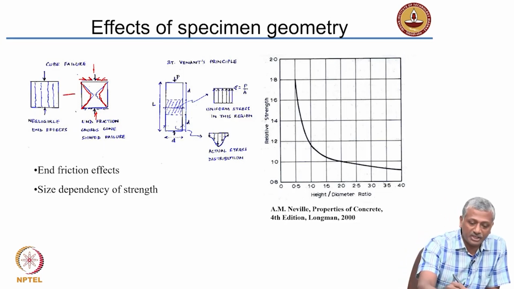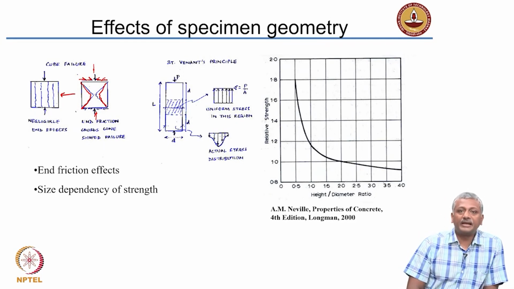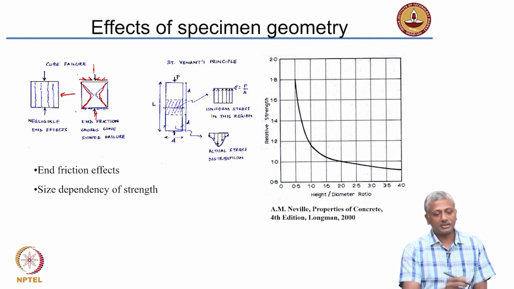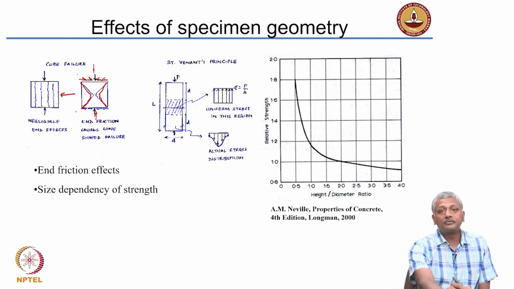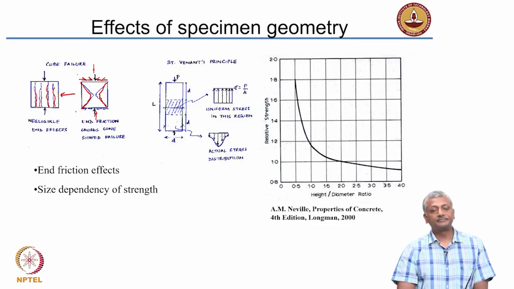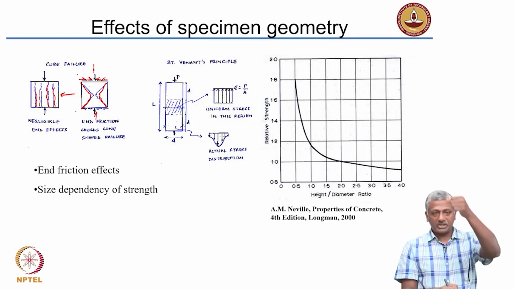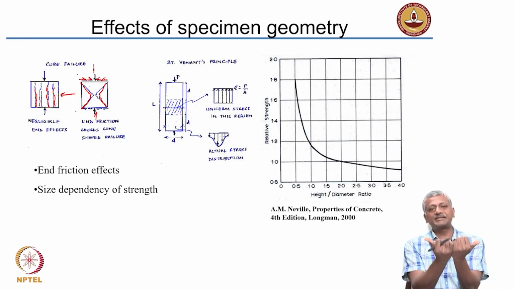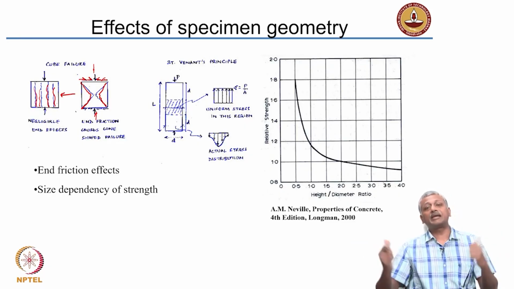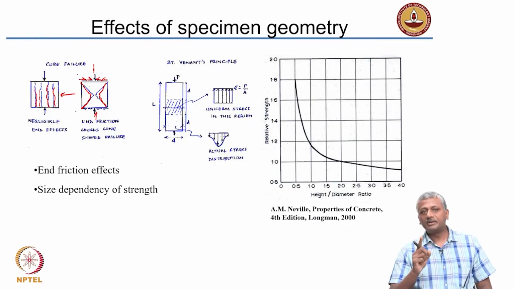If there was no friction, if the end effects were negligible, your true failure pattern should have been like this. You should have had vertical cracks through your specimen. If there is no friction, you will get vertical cracking because the compression causes the lateral tensile capacity to be exceeded. Please remember, for any material to fail in compression is very difficult.